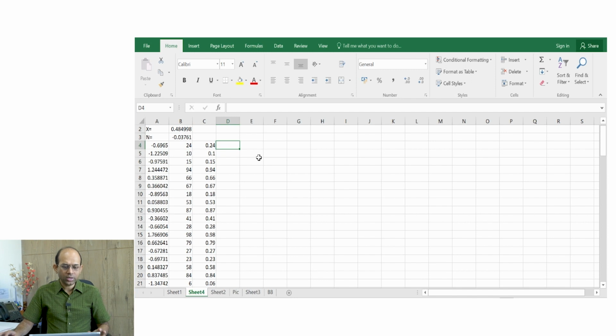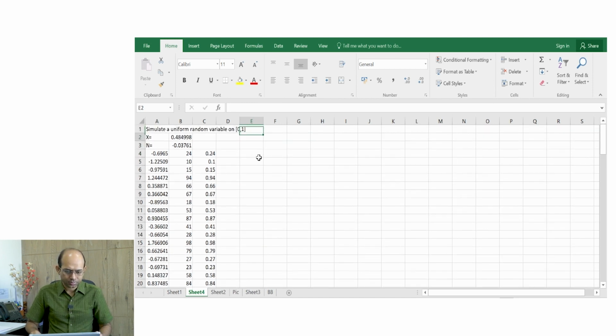Now if I want to simulate a Brownian motion using this random variable, what are we going to do? We have to add small normal random variables as increments, and then proceed. So that we do here. First we do the time axis. Say, for example, my column E is my time axis. So I write down time.